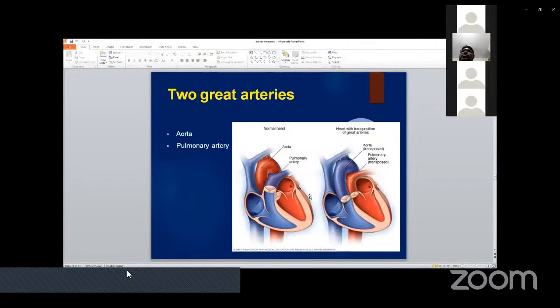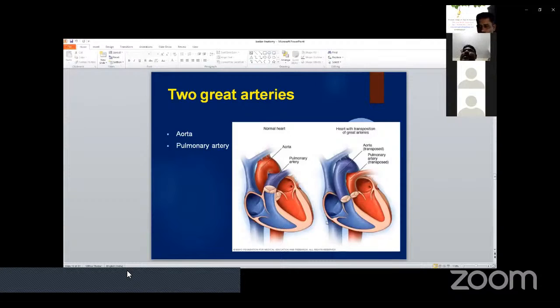There are 2 great arteries located in our heart. The first one is the aorta. You can see the left side picture, they have marked and mentioned aorta. Below that, you can see a vessel in blue color that is called the pulmonary artery.